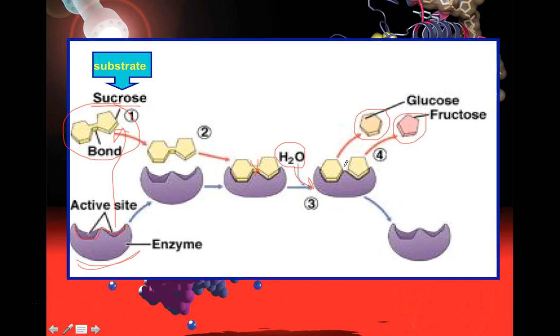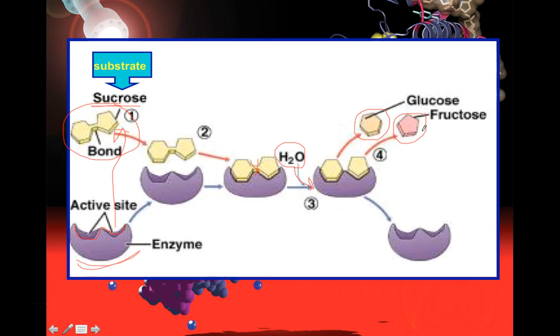The enzyme will physically manipulate the substrate. Because it wants to break it apart, it's going to physically move the two portions of the sucrose molecule and break that bond apart, also utilizing water in there. And it's going to manipulate those bonds. So now we have our final product, which is 1 molecule of glucose and 1 molecule of fructose.